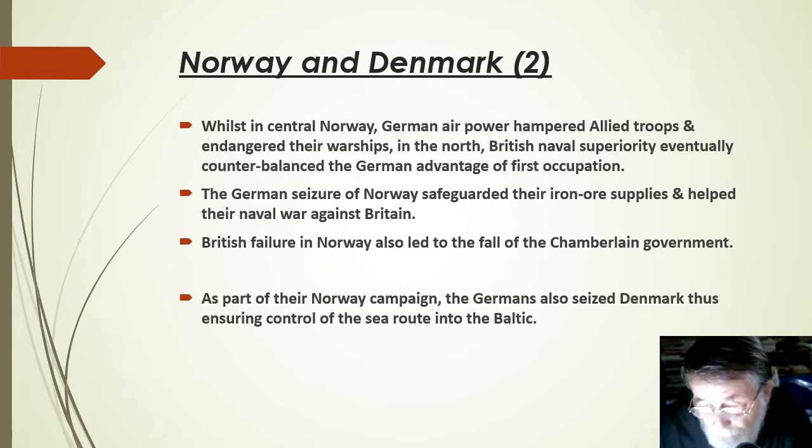As part of their Norway campaign, and really just as a footnote from the German perspective, the Germans also seized Denmark, which ensured control of the sea route to the Baltic. Unlike in the case of Norway, this was essentially only limited contestation from the Danes, so Denmark was not able to resist.